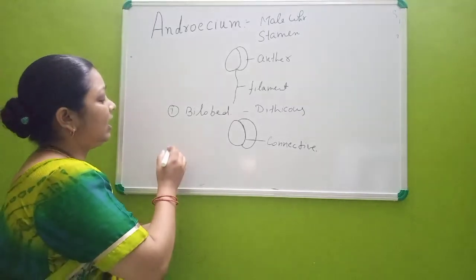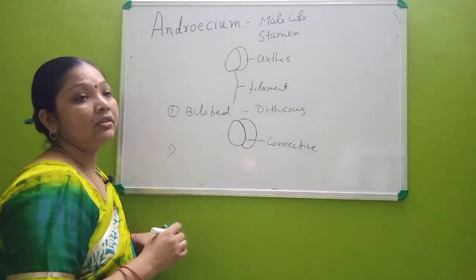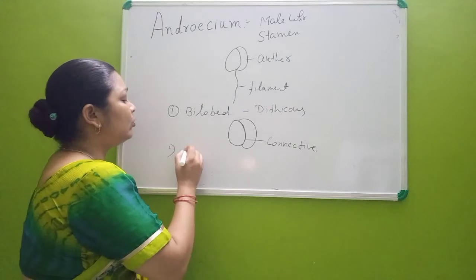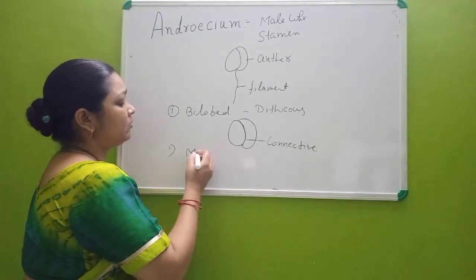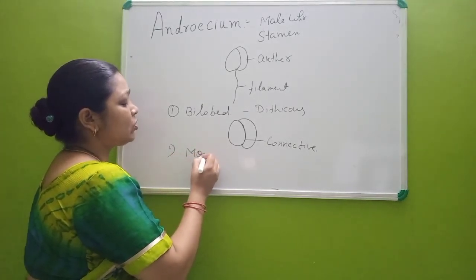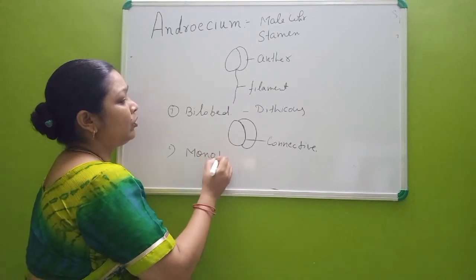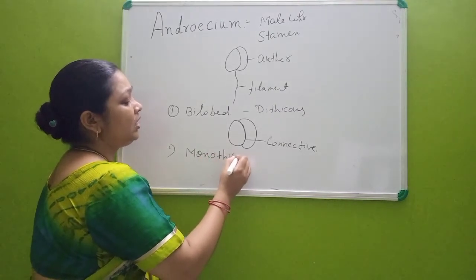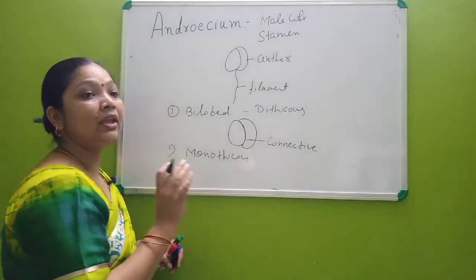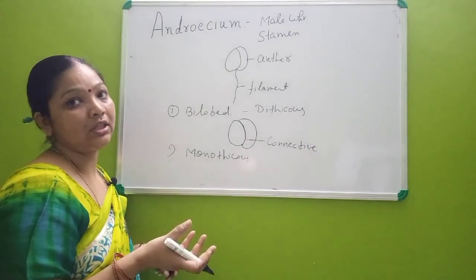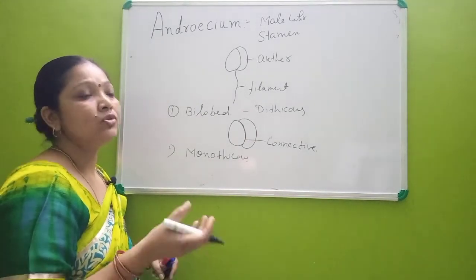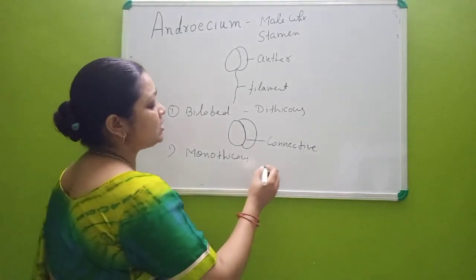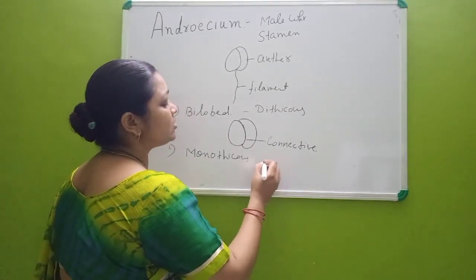The second is called monothecous or one-lobed anther, that has only one theca. Theca means compartment, so it has only a single structure.